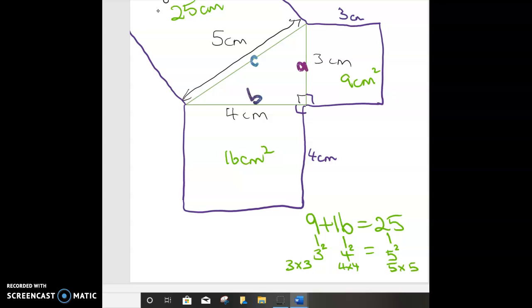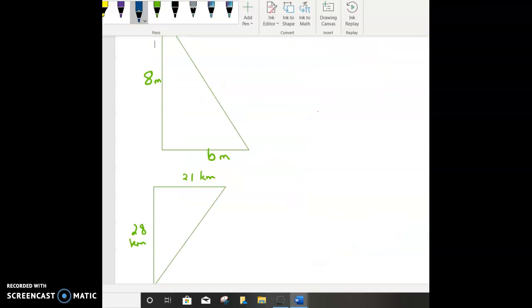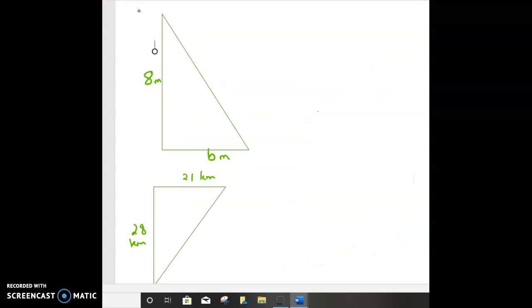Okay, the next step from here is that I would say, let's try some of these triangles together. Let's see the kinds of examples that you might get where you have to use this. Here we've got 2 examples where we need to use Pythagoras' theorem.